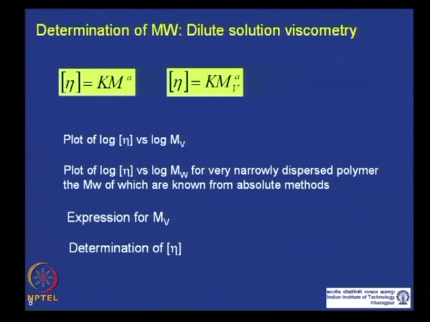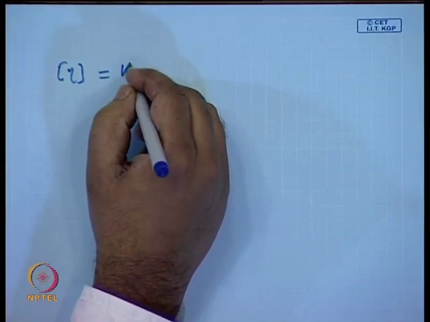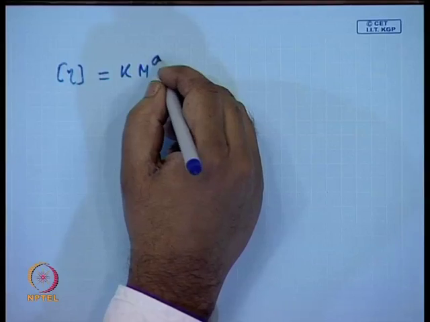the intrinsic viscosity of polymers in dilute polymer solution, and what I can find out is that this intrinsic viscosity is K times M to the power a.